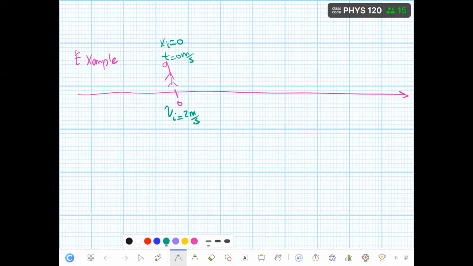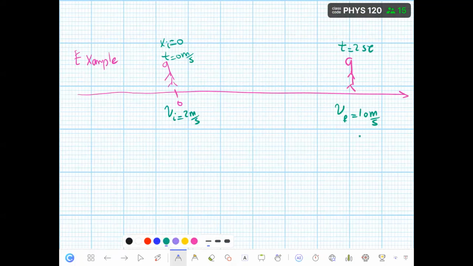He moves. We don't know how far he goes, but we will be able to calculate later. But after 2 seconds, his velocity changed to 10 meter per second.